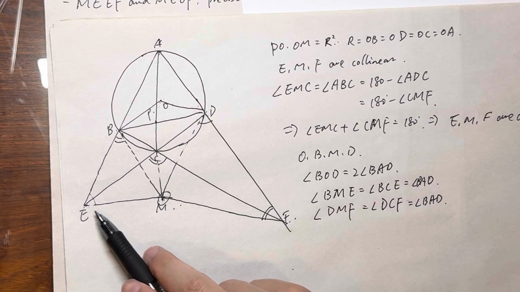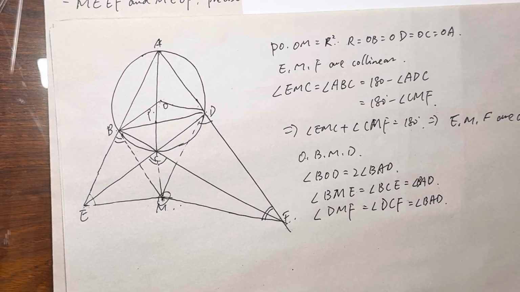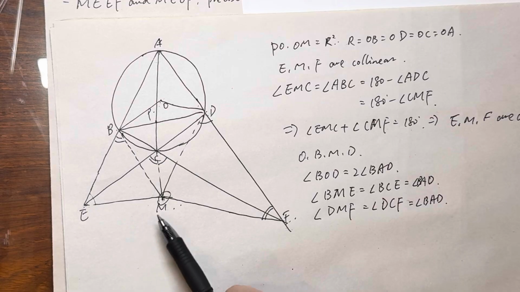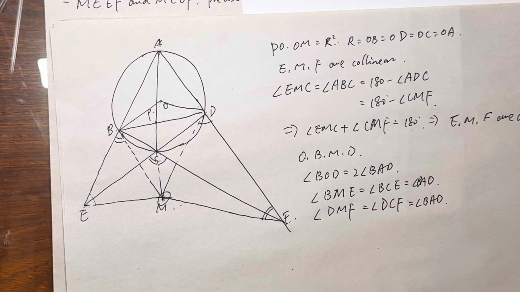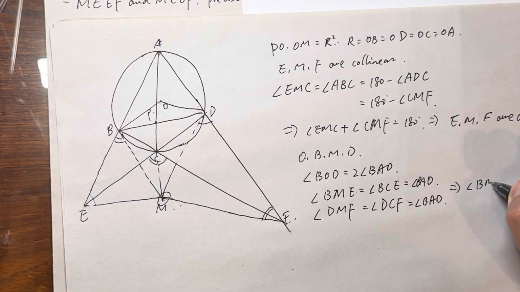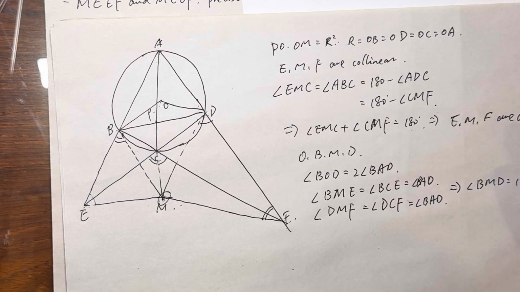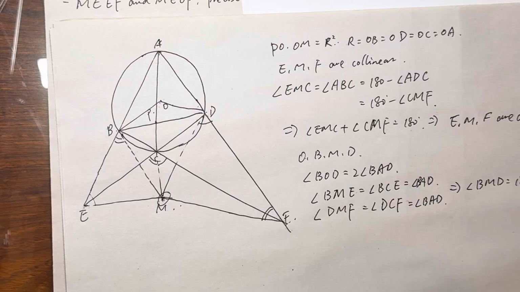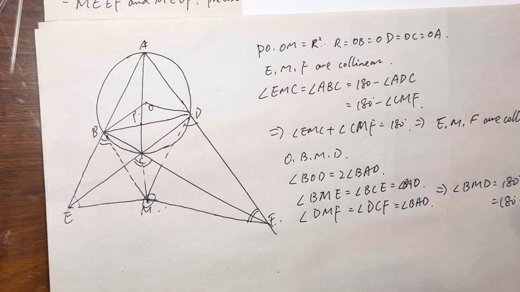And we already know that E, M, F are collinear, right? That means angle EMF is 180 degrees, which means angle BMD equals 180 minus angle BME minus angle DMF, which equals 180 minus twice angle BAD.